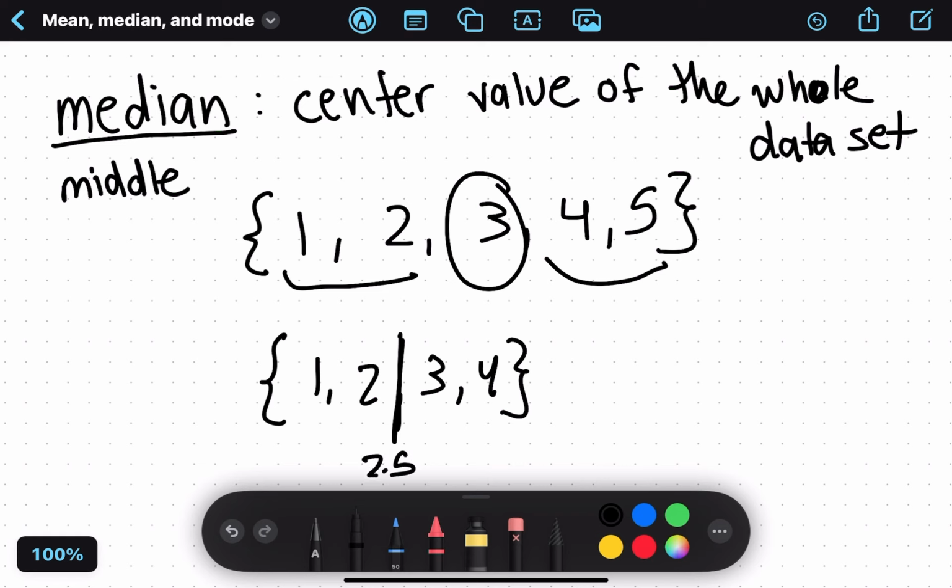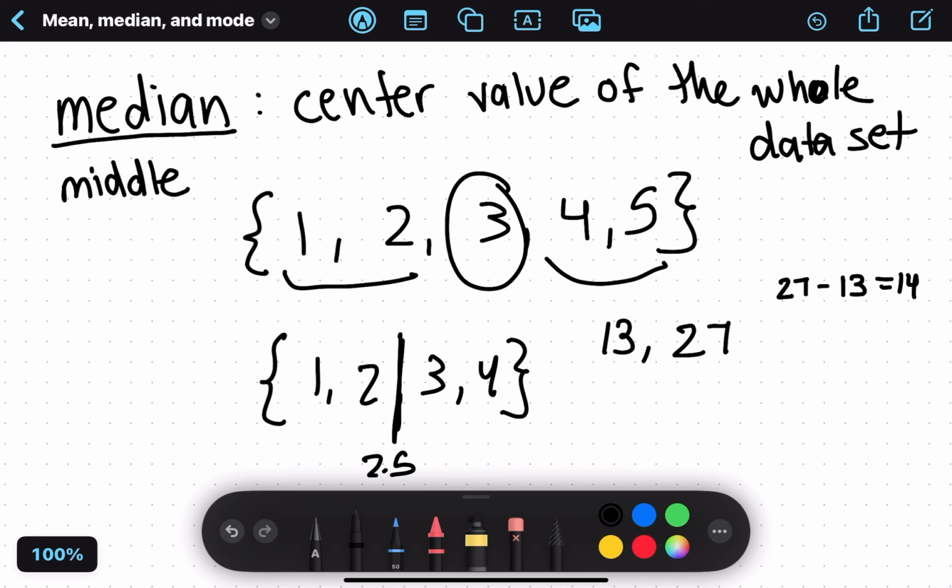That's easy. But let's say it wasn't numbers that were 1 apart. Let's say we had 13 and 27. Off the top of your mind, you don't really know what's exactly in the middle of 13 and 27. You could draw out a number line or count on your fingers, but another way to do it is you could subtract the values. So you do the bigger value minus the smaller value, and 27 minus 13 is equal to 14.